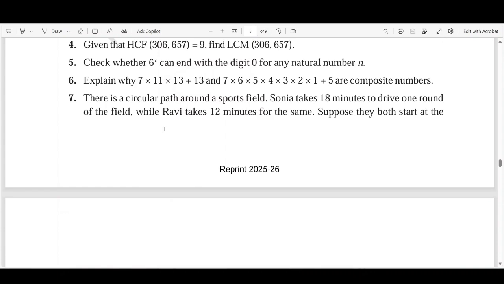Moving on to question number 6. Explain why 7 into 11 into 13 plus 13 and 7 into 6 into 5 into 4 into 3 into 2 into 1 plus 5 are composite numbers. It's quite different, so let us do this.